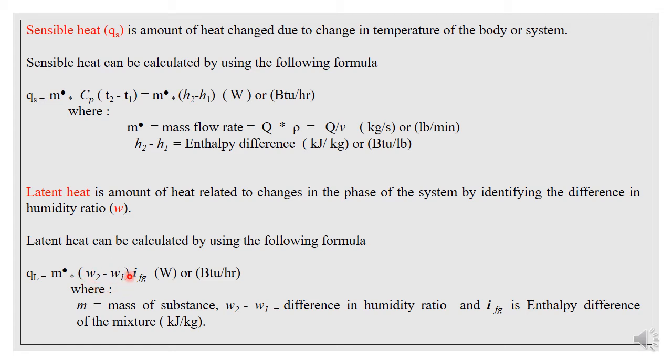We have no units for this term, because kilogram over kilogram cancels out, times hfg, whereby hfg is the enthalpy difference of the mixture in kilojoules per kilogram. So at the end you will have kilojoules per second as the unit for latent heat here, which is also equal to watts, right?